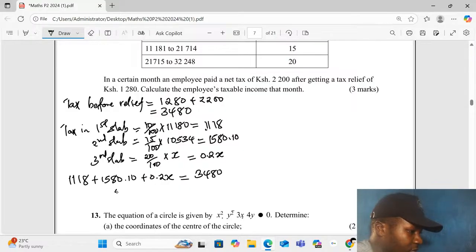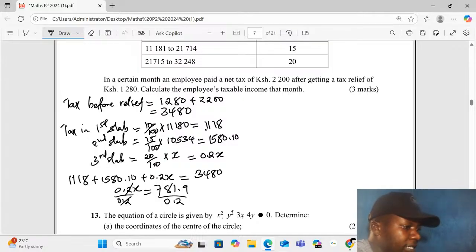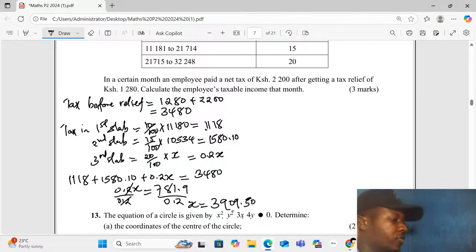We shall have now 0.2x will be equal to 781.9. Then divide by 0.2. Now x, our x becomes 3909.50. So that is now the value of x.